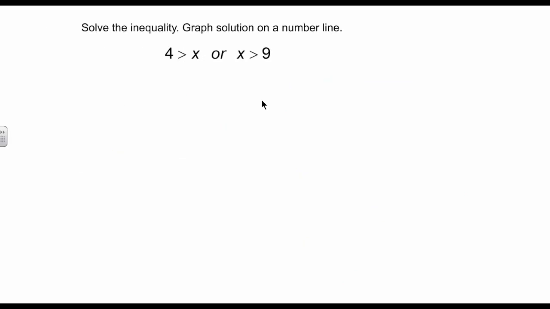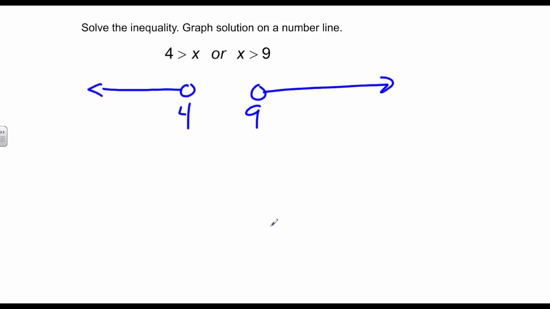Let's take a look at an OR statement now. If I were to go ahead and graph these two, because they're already solved, I'd have a 4, open circle, and it says x is less than 4, so we go to the left, and then I would have a 9, and it says x is greater than that value, so I would move to the right.